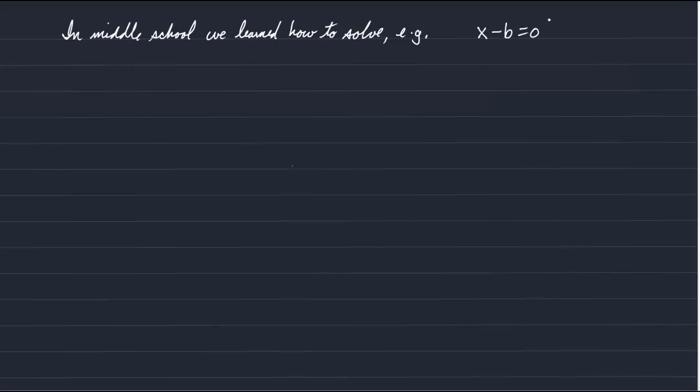So x minus b equals 0, and using algebra you learned that x is equal to b. And if b is a positive number, then we knew that x is also a positive number.